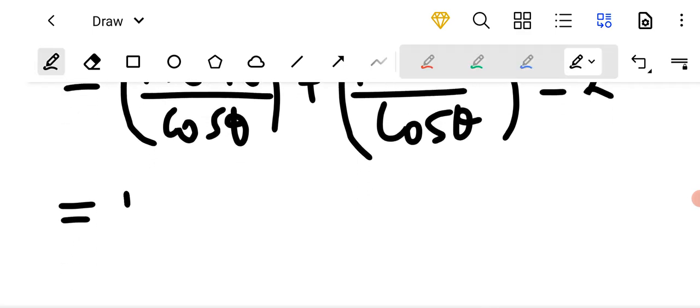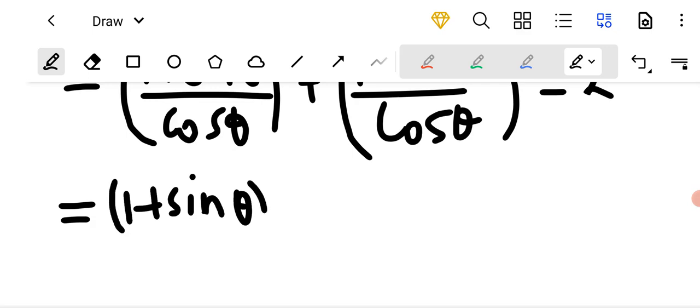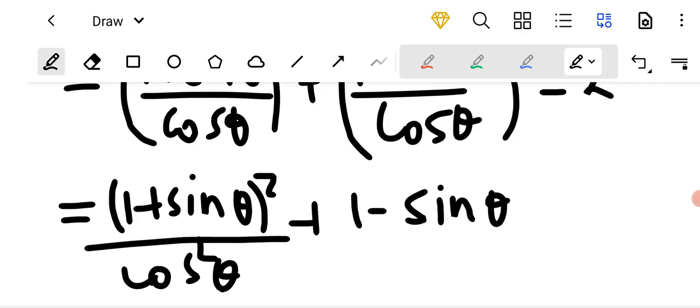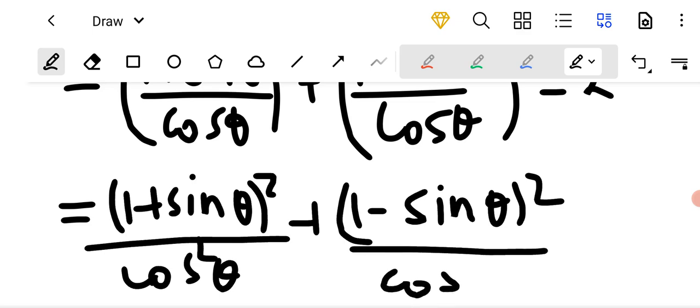It means we are saying (1 plus sine theta) squared, divided by cos theta squared, plus (1 minus sine theta) squared, you divide by cos theta squared.